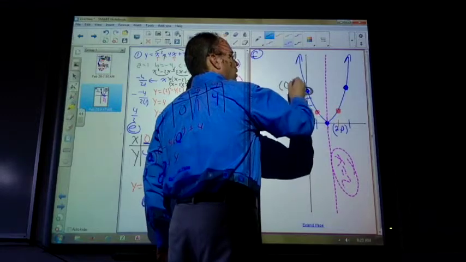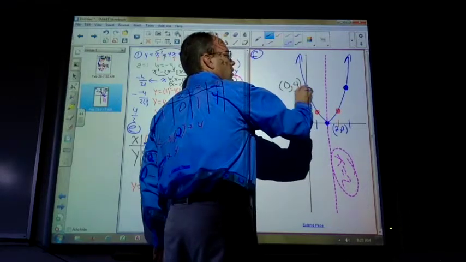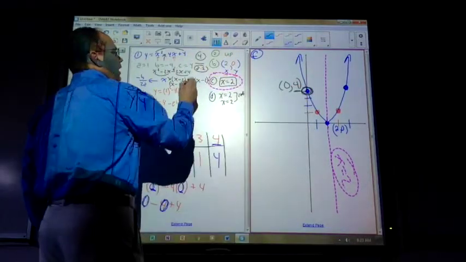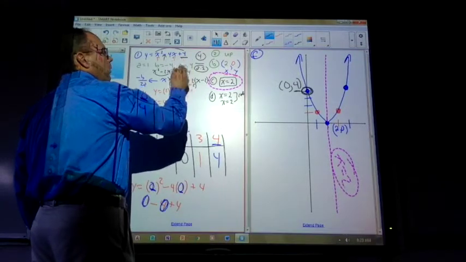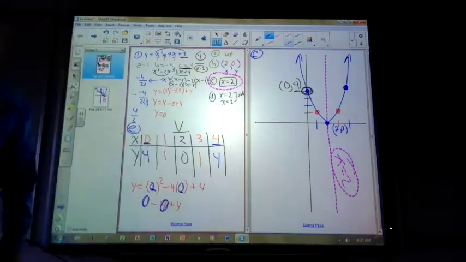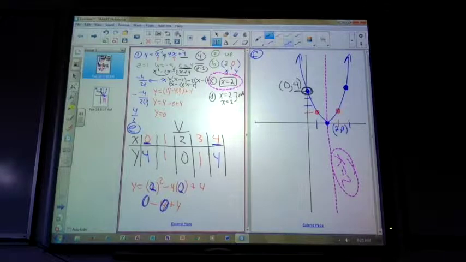Which is the point 0, 4. Guys and girls, this 4 right here is my C value. Your C value every time will tell you where it crosses the y-axis. Though it's not that important of a point, it is a point that you can easily graph. So your constant is where it crosses the y-axis each and every time.